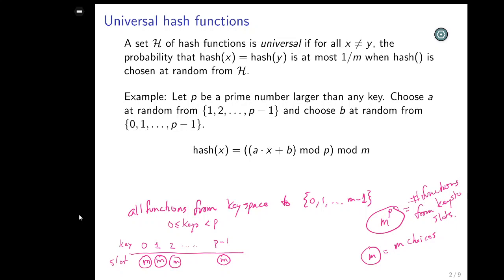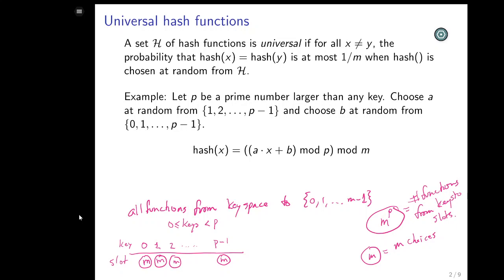So we care about collisions. Collisions will occur if two key values, x and y, map to the same location. And the probability of that occurring for a randomly chosen function from the set of all functions is exactly 1 over m. So that's pretty much as good as you're going to get.